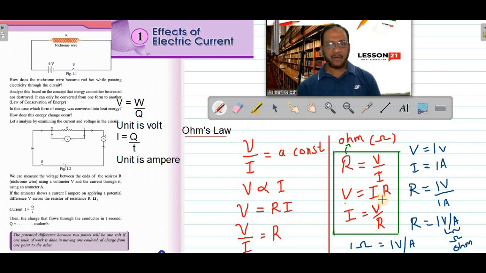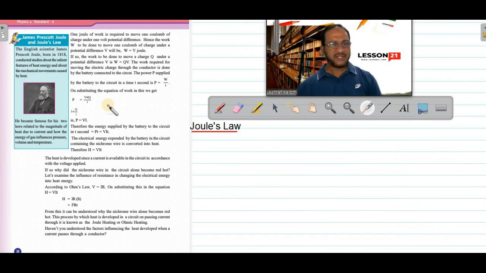The next topic. This is the page, and you can see the photo of the famous scientist James Prescott Joule. He was born in 1818, long years back. Now we are in 2020. James Prescott Joule gave the explanation for the heat energy produced in a resistor when a current flows through it.